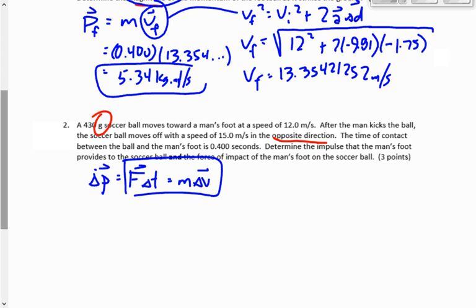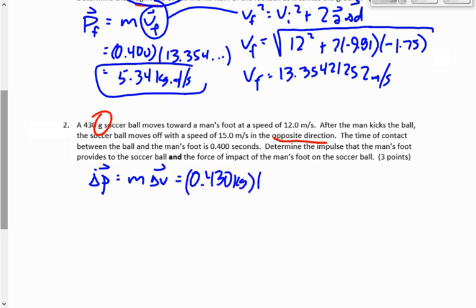All right, we're going to use part of this for this question. Impulse is equal to m times delta v. My mass is 0.430 kilograms, and my change in velocity is, be careful here, it is not 15 minus 12. The change in velocity is either negative 15 minus positive 12, or it's 15 minus negative 12.